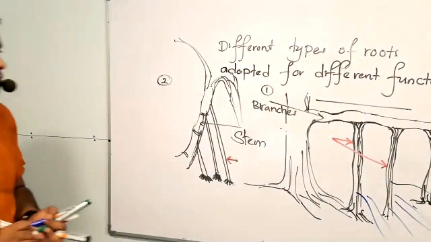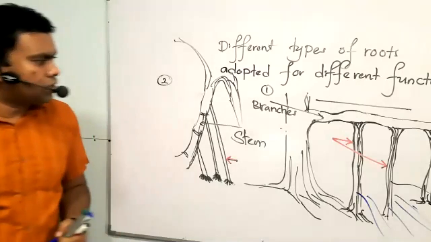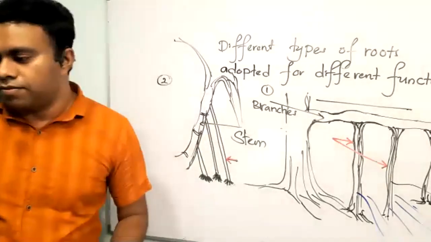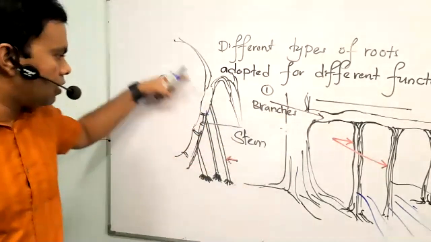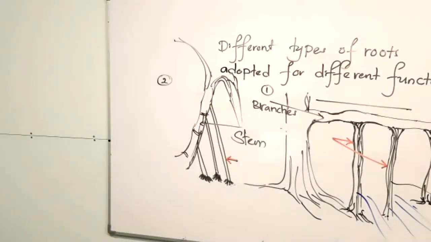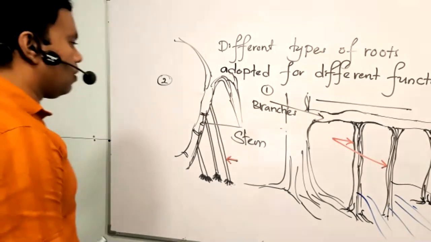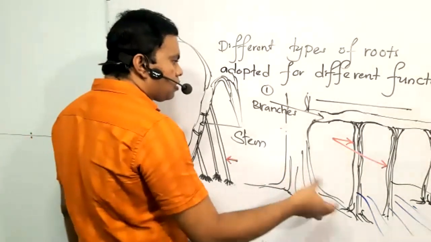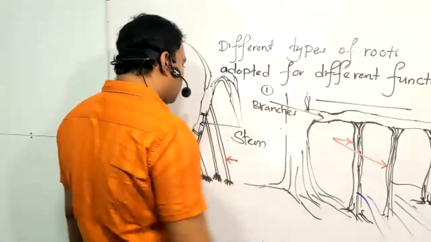Now start drawing and naming. First do this, and below that you have to draw this one. Prop root and stilt root. Try to compare. This appeared in your exam also. The prop root supports the branches.